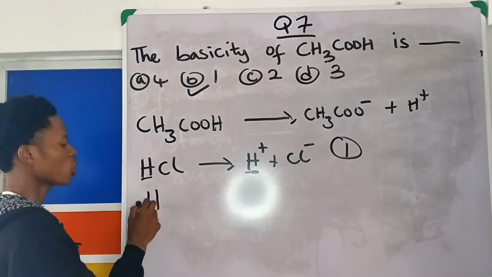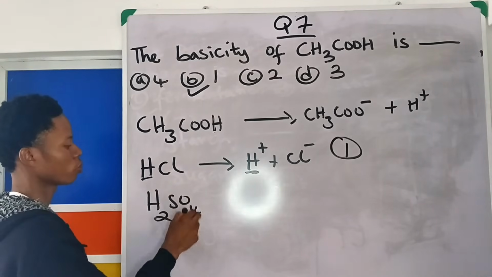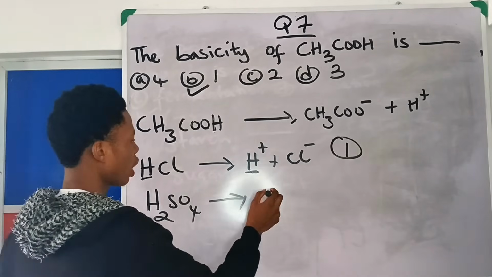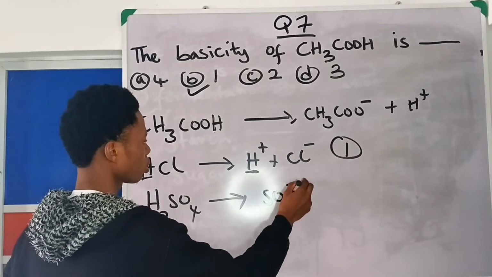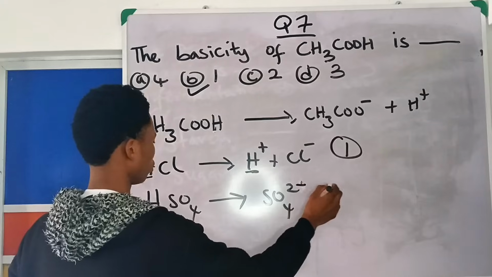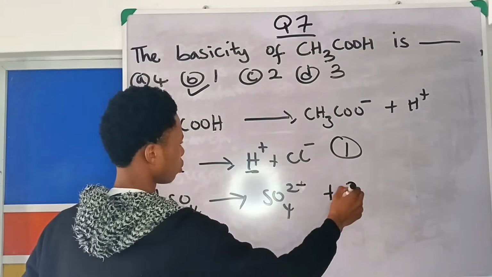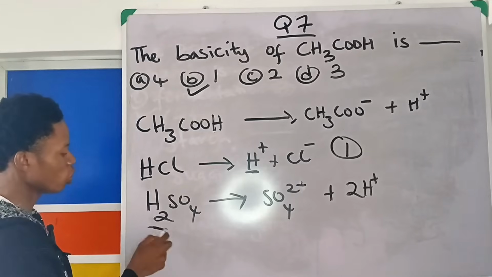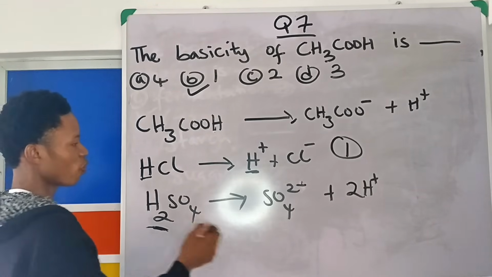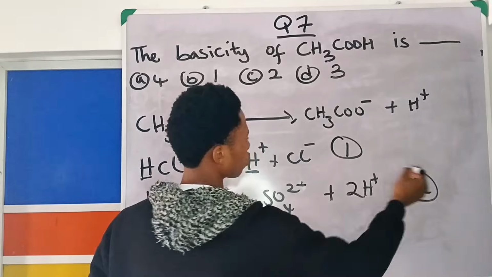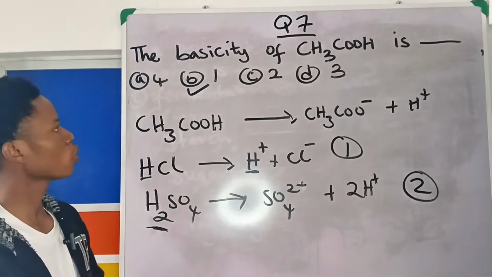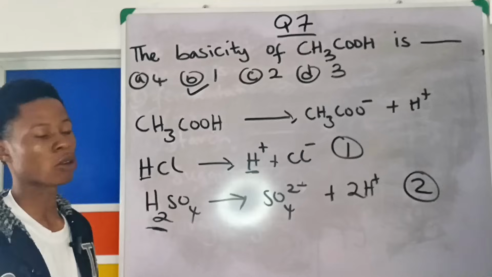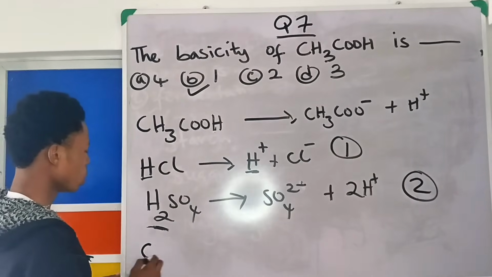If you have something like H2SO4, sulfuric acid, if you ionize it, two of these hydrogen can be given off. So the basicity of sulfuric acid is 2. So take note, basicity is the number of ionizable hydrogen found in a compound. Now, what is the basicity of this one?